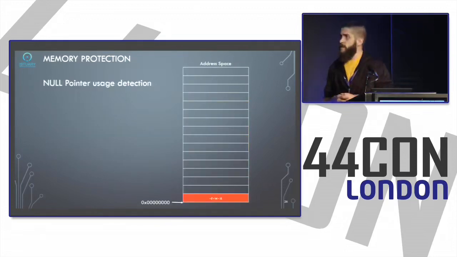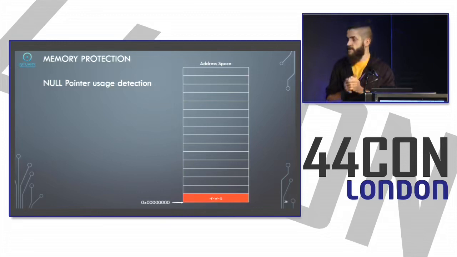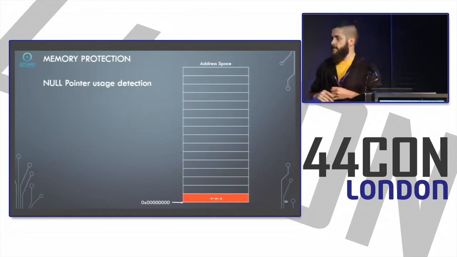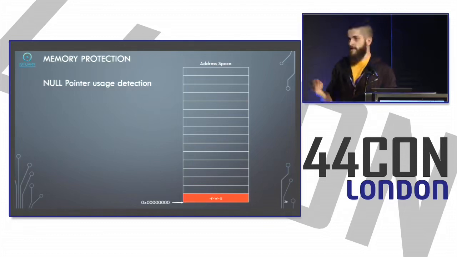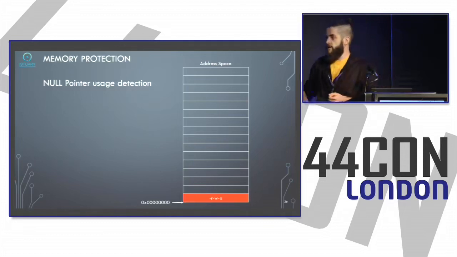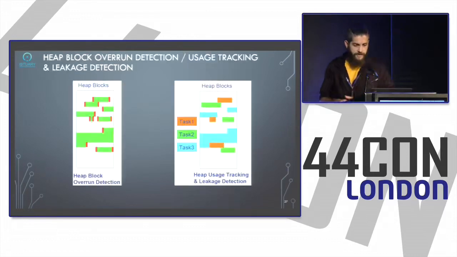And then one last memory protection. To detect null pointer usage, they set the memory area starting from 0 to be non-readable, non-writable, and non-executable. So when you try to read or access it, it will raise an exception. And we saw a lot of exceptions when we first fuzzed the VxWorks OS. Next I will talk about the heap protection.